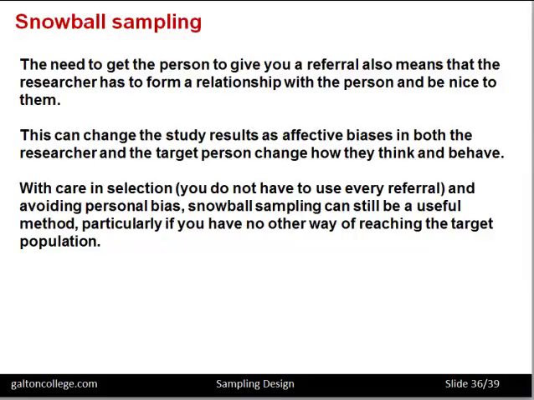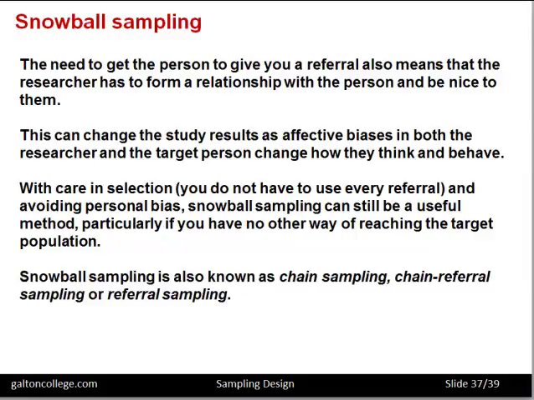So there is an element of subjectivity even with the referral process. It's also known as chain sampling, chain referral sampling, or referral sampling. So there are various titles for this.